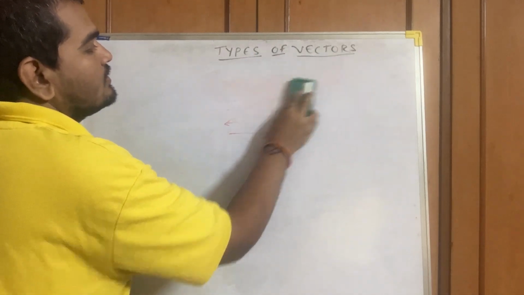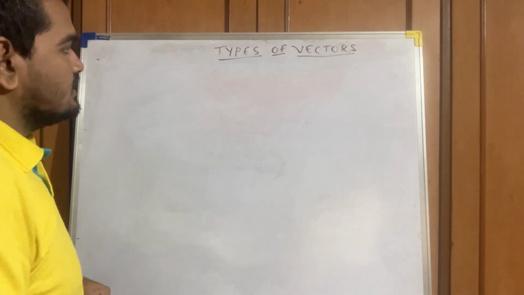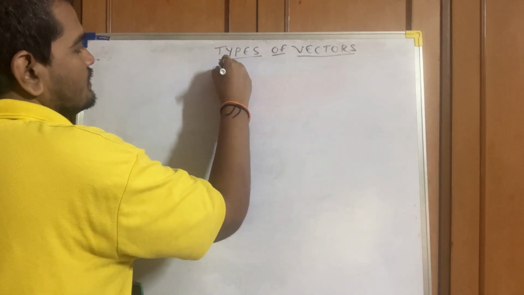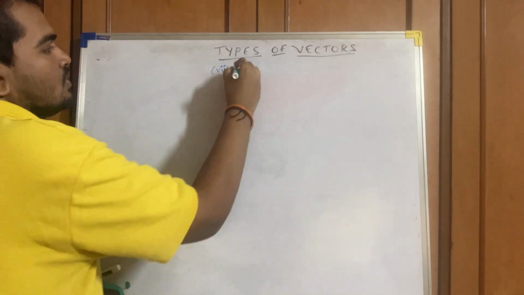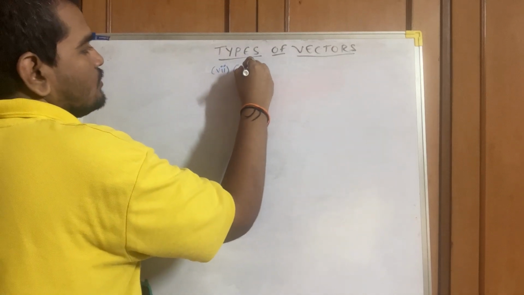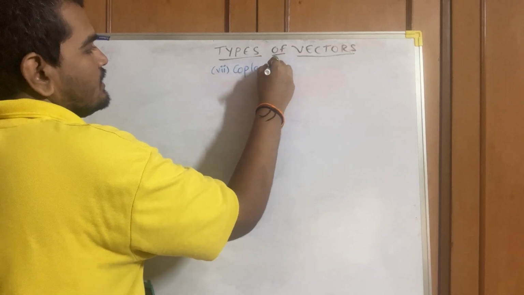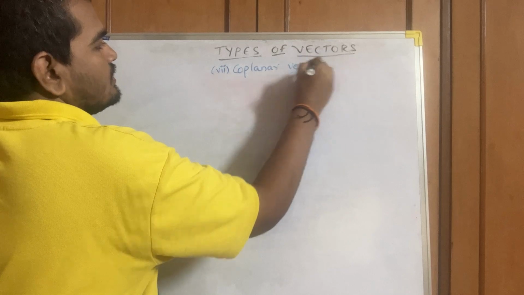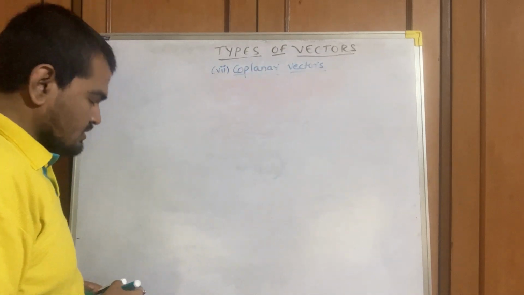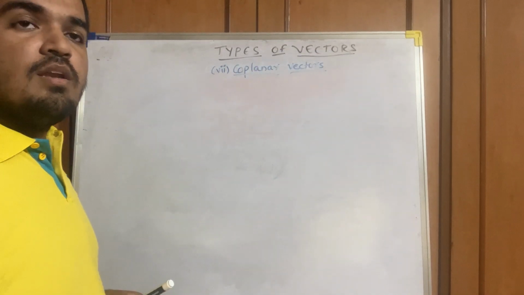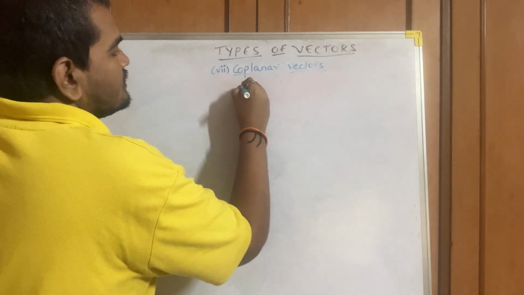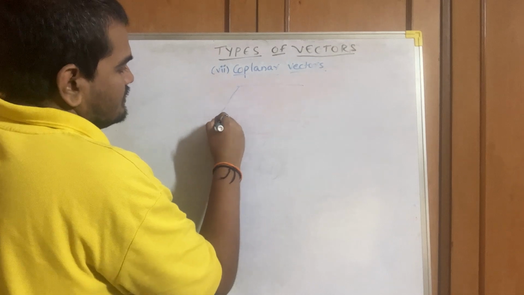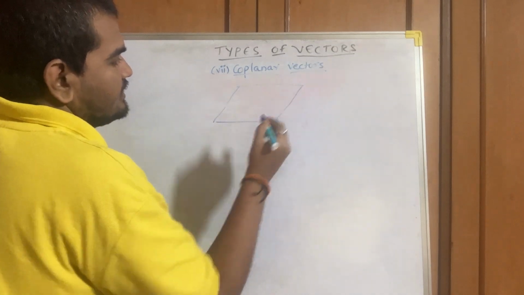Now the next one, coplanar vectors. Suppose I have this plane here.